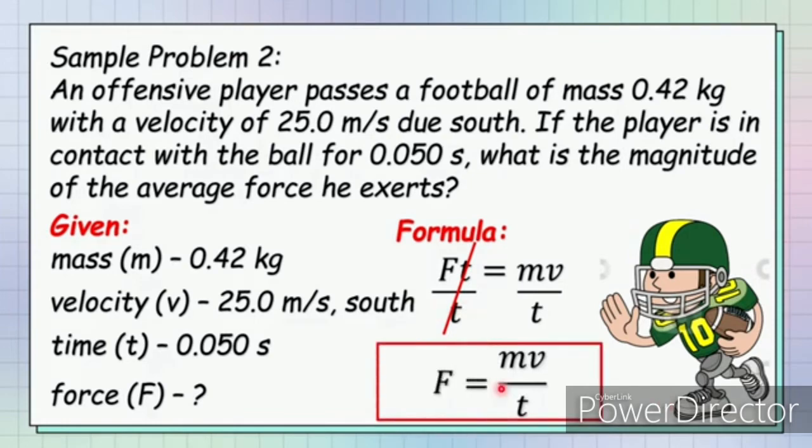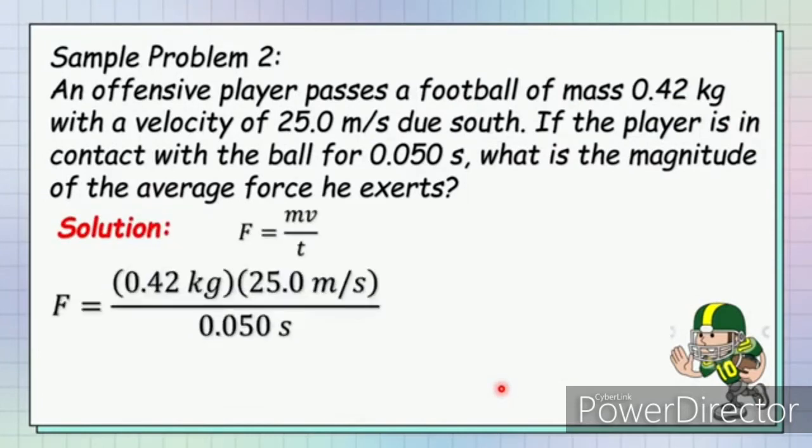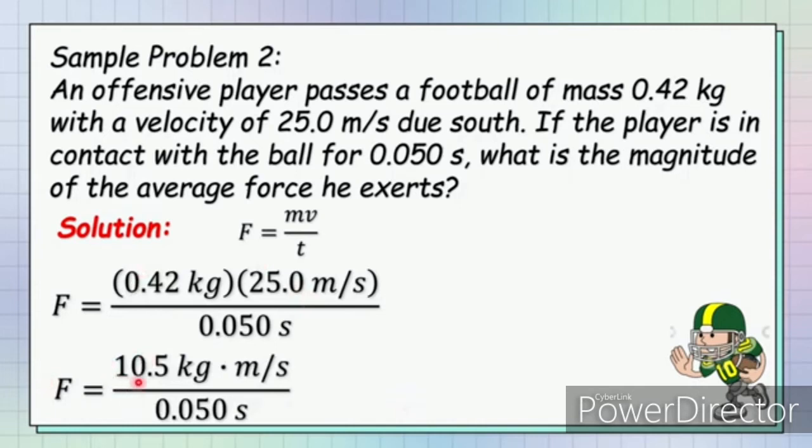Now, let us solve this problem. For our solution, let us substitute our givens into our formula. Force is equal to the mass, which is 0.42 kg, times our velocity, which is 25.0 meters per second, all over our time, which is 0.050 second. 0.42 times 25.0, we have 10.5, and our unit, kilogram meter per second, divided by 0.050 second.